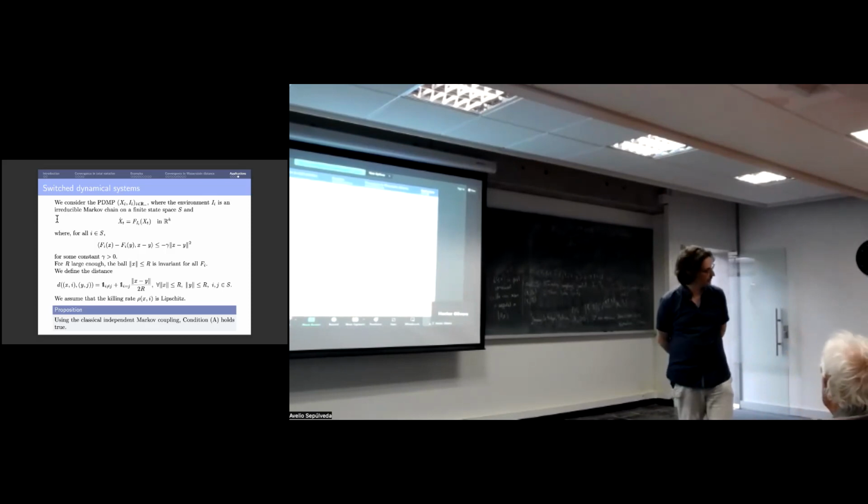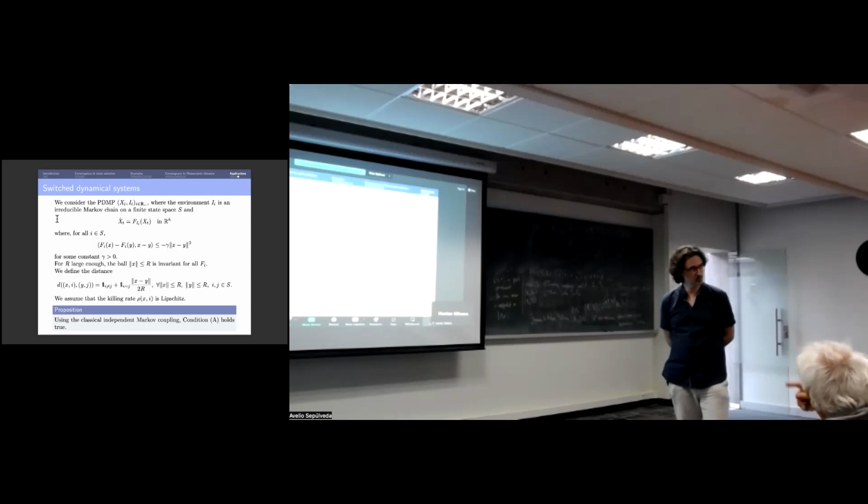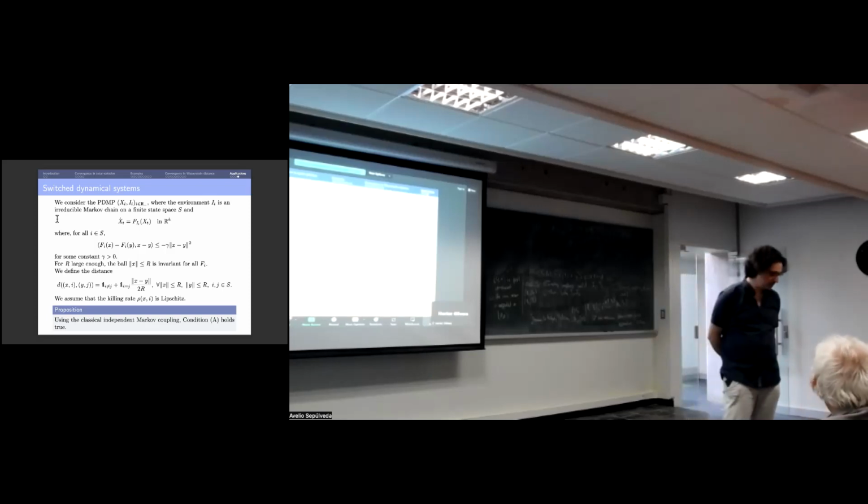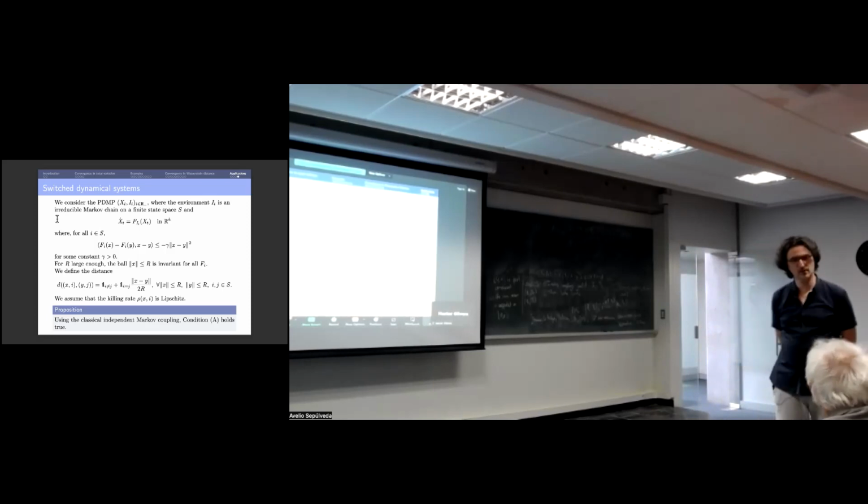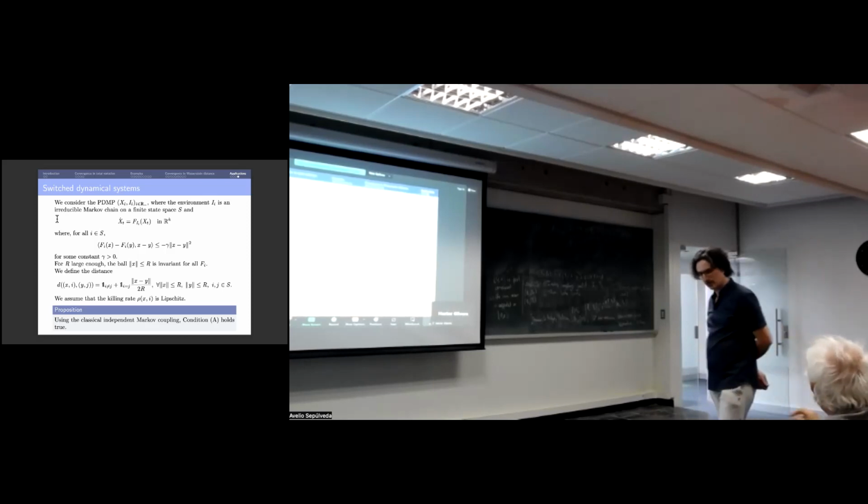For example, where the forbidden region is some small interval, things like that, and you can iterate one and zero, two different types of transformation.